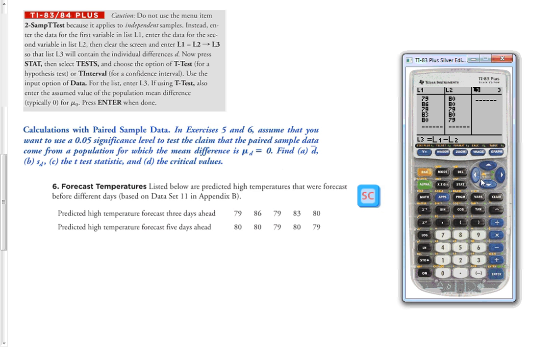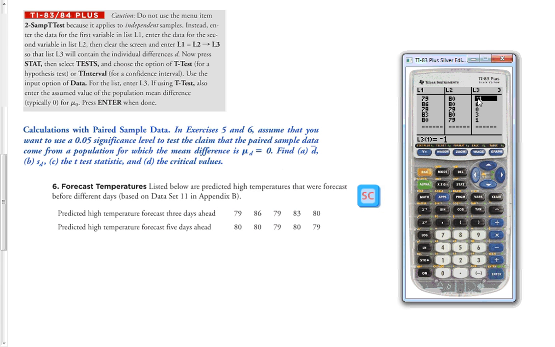Now when I press enter, this third column, L3, gives me the difference of list 1 and list 2. For instance, 79 minus 80 is -1, 86 minus 80 is 6, 79 minus 79 is 0. So list 3 is now the difference between list 1 and list 2.